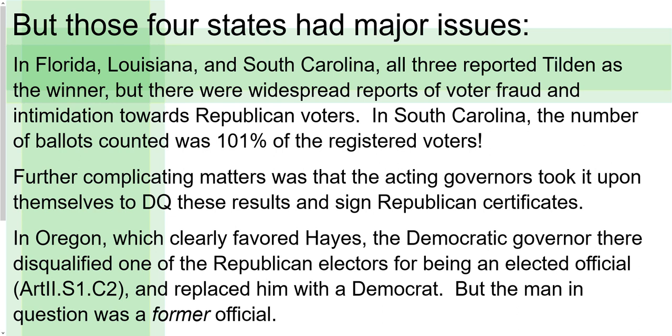Yes, he can. That's actually within his power to do. The problem was that the man in question wasn't actually an elected official. He was a former elected official. He was the former postmaster of the state of Oregon.